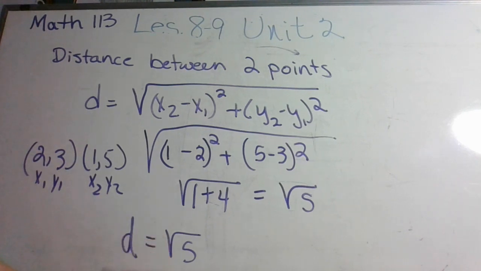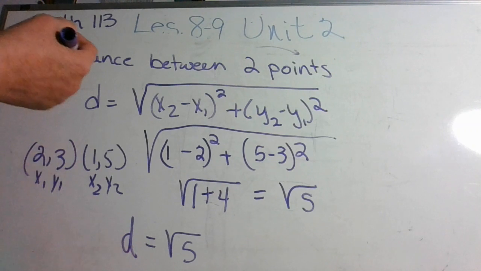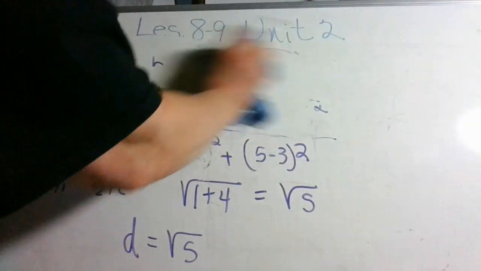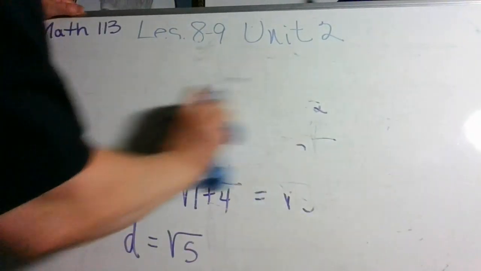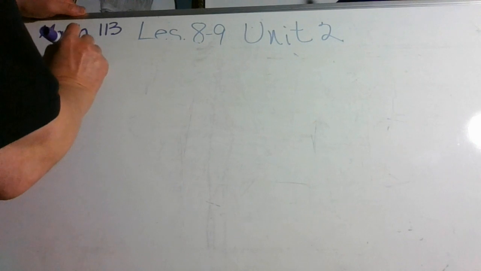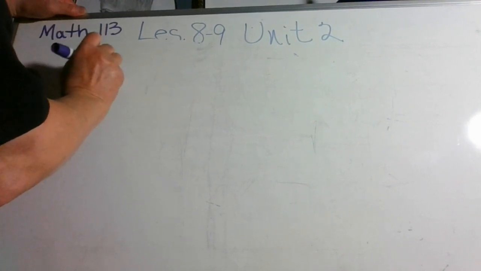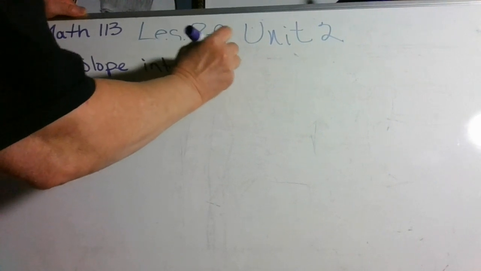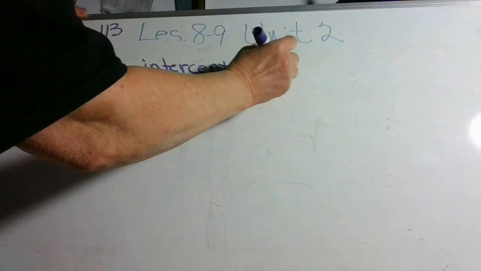And then there's another form that you need to know. Another little formula. This is my favorite one in working with these graphs, and that's called slope-intercept form.